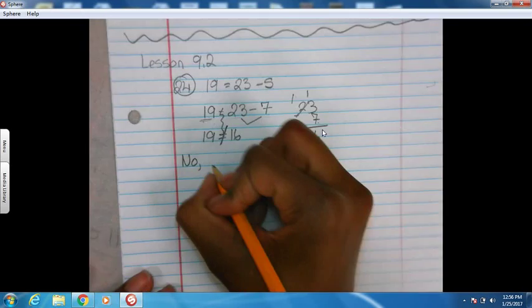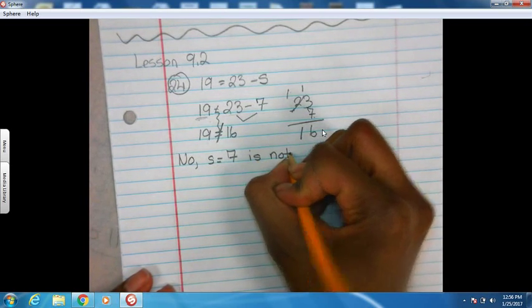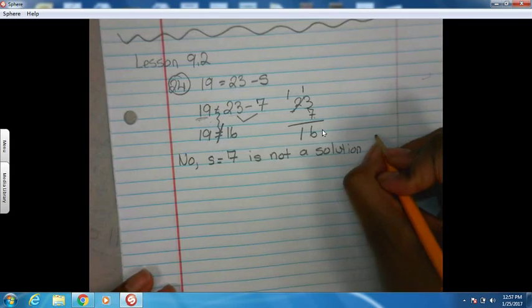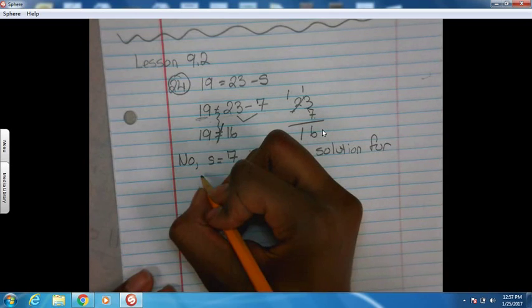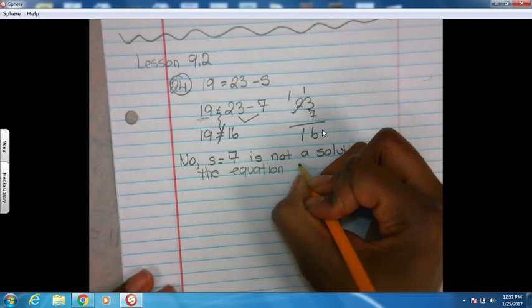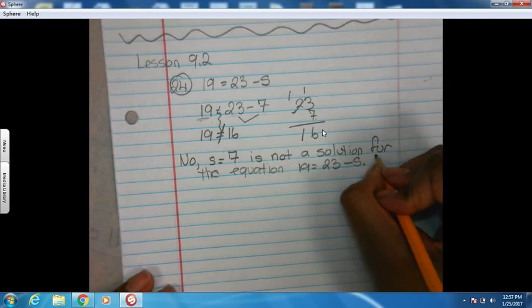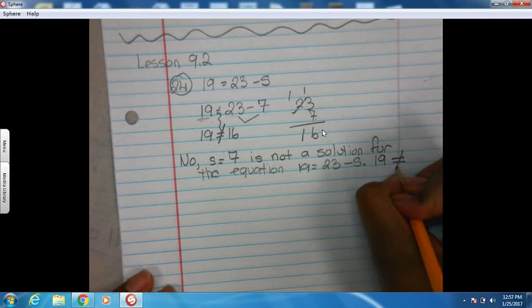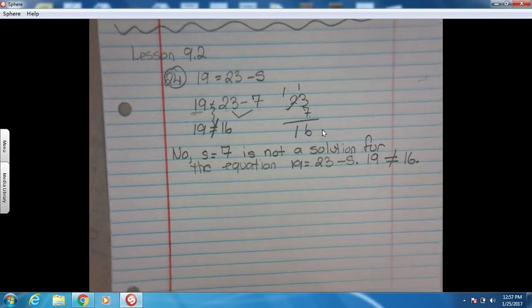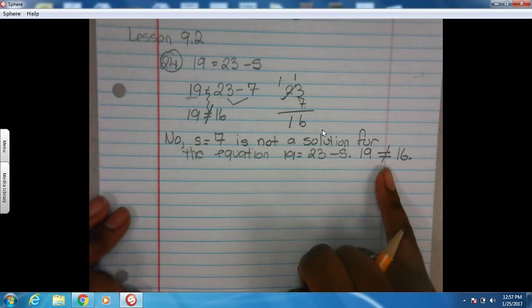No. S equals 7 is not a solution for the equation 19 equals 23 minus S. 19 is not equal to 16. You can use this as your guide to answer the question.